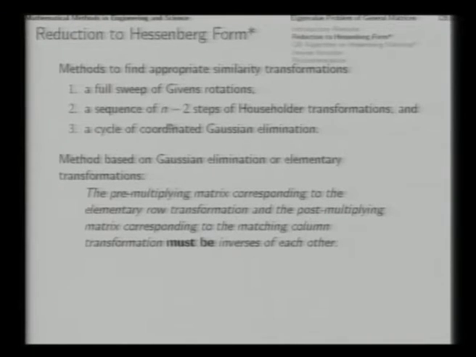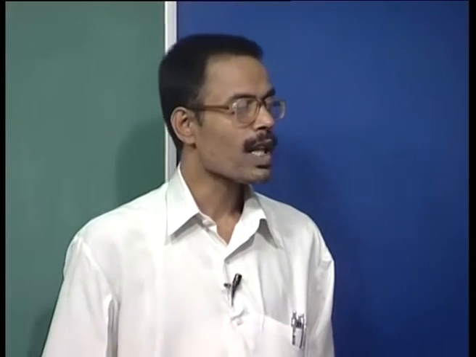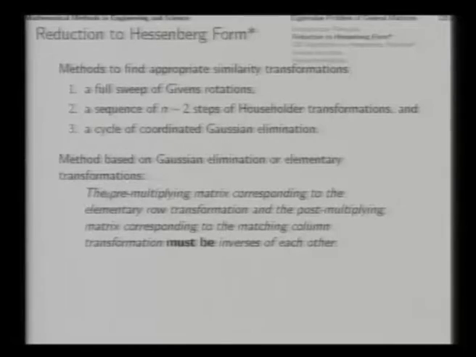So, this Gaussian elimination or elementary transformations which are applied in a coordinated manner are actually applied from two sides, one through a pre-multiplication and the other through a post-multiplication. That means, the pre-multiplying matrix corresponding to the elementary row transformation and the post-multiplying matrix corresponding to the matching column transformation must be inverses of each other.